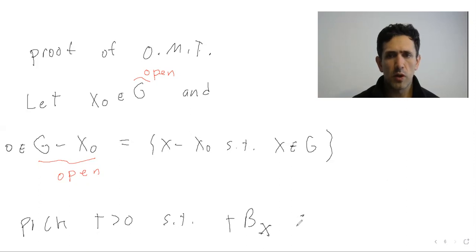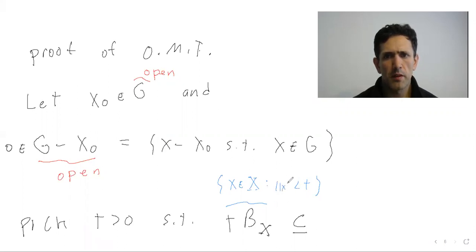But anyway, just remember, this here is just the set of all x in big X where the norm of x is less than t. It's just the ball of radius t, center 0.